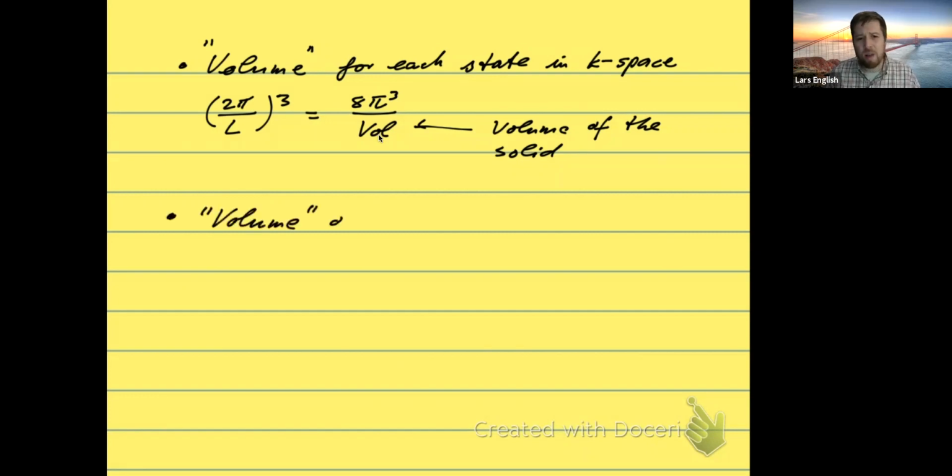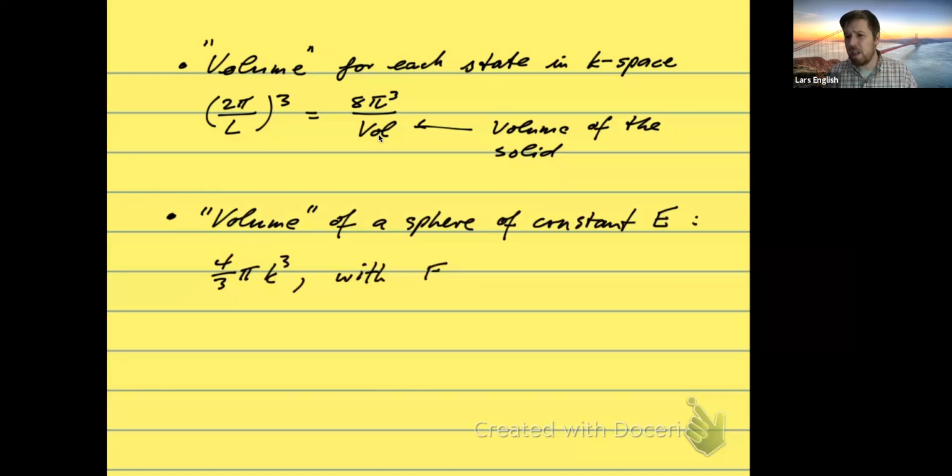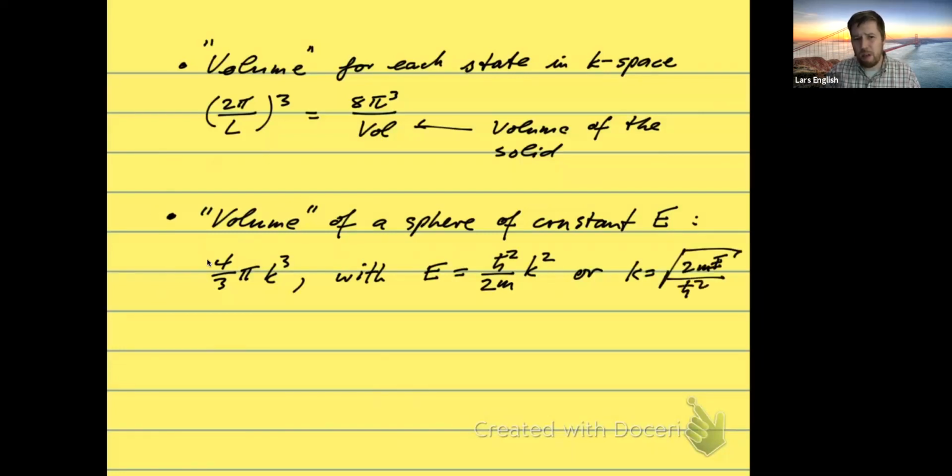All right, so then we can ask, what is the volume of a sphere of constant energy? In reciprocal space, the volume would be 4/3 pi k cubed. The volume of a sphere is 4/3 pi times the radius cubed, and here we're talking about a sphere in reciprocal space, so the radius is actually k, a wave number. Then we also know that the energy is related to the wave number via this ubiquitous formula. We've seen it over and over again.